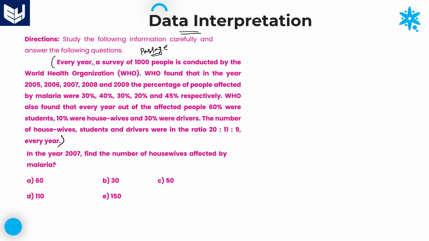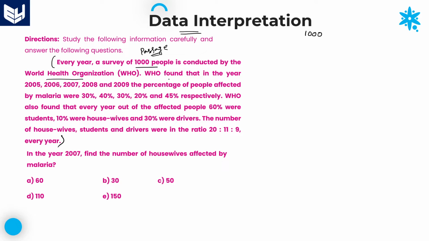Look at each and every line carefully. See here, every year a survey of 1,000 people is conducted by the World Health Organization. This is for the entire 1,000 people.